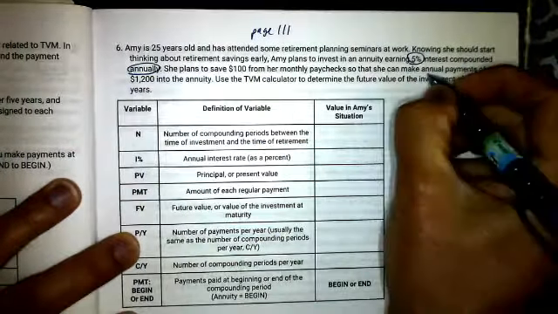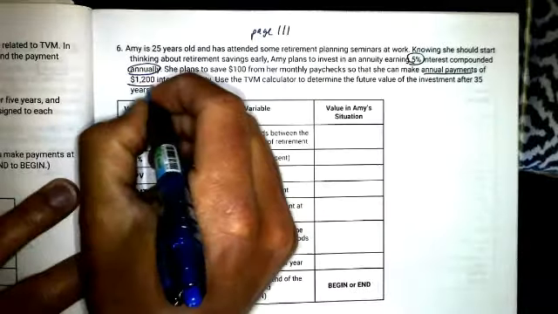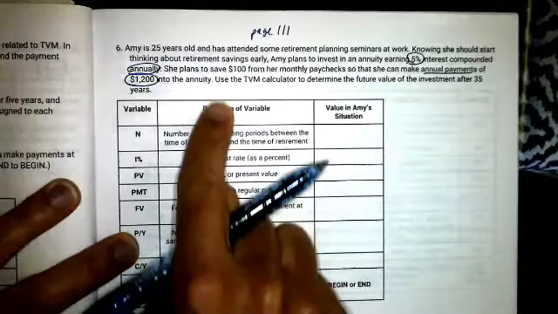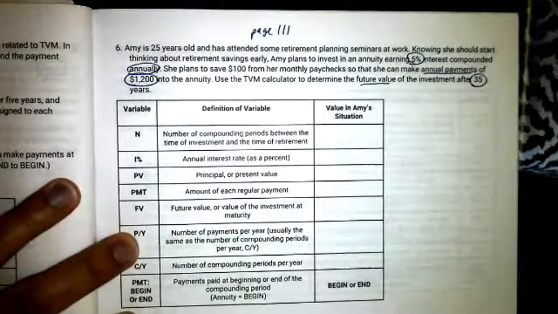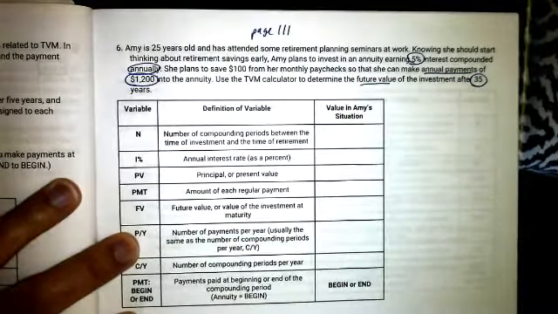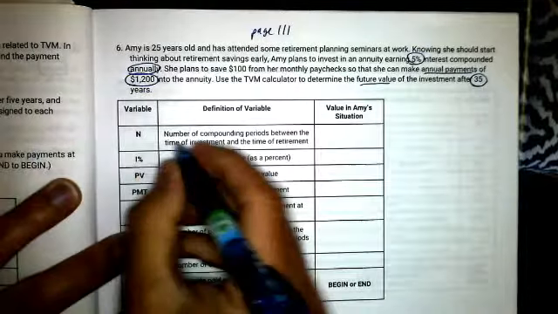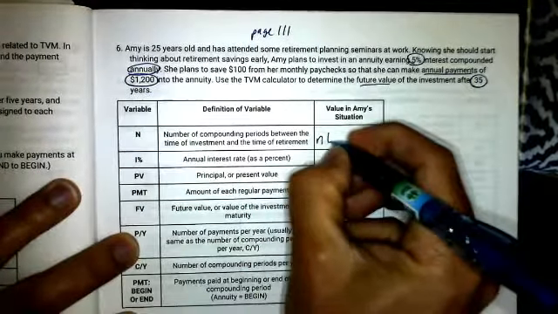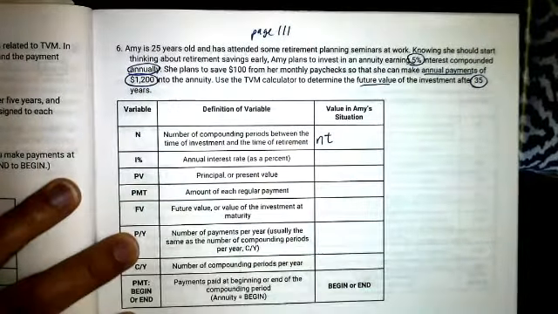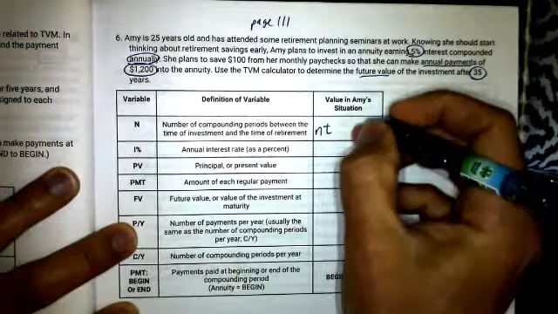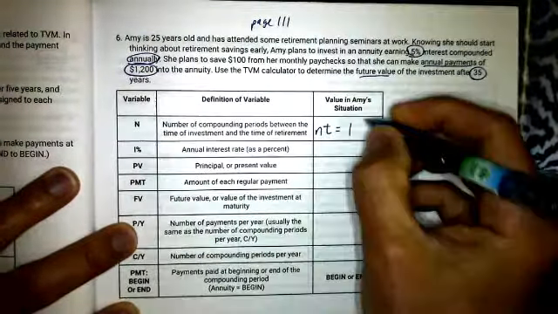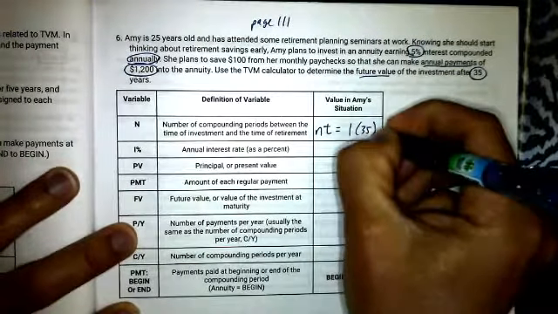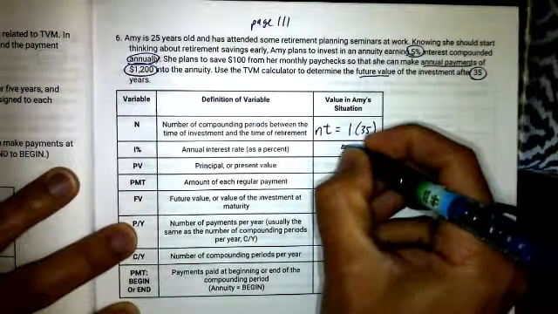So from all of that, we know that we can fill in our solver here. She's going to have one compounding period a year for 35 years. That's N times T. She found a 5% interest. No principal here, because her regular payment is going to be $1,200 every year.